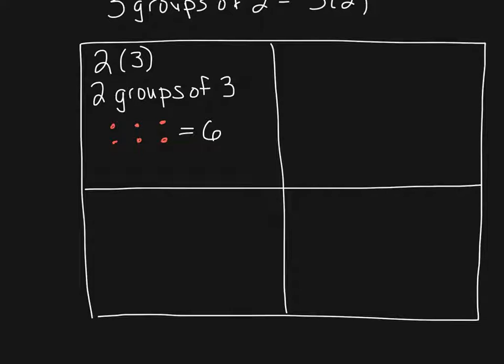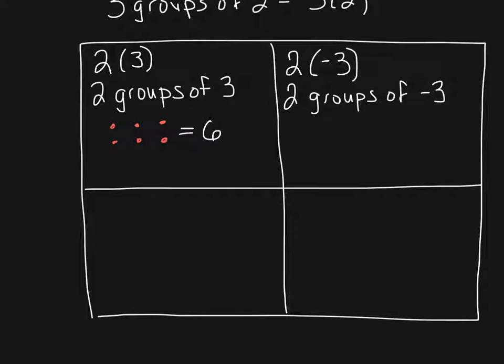Our next one is going to look like this: 2 times negative 3, but what we're really going to say is that we have 2 groups of negative 3.